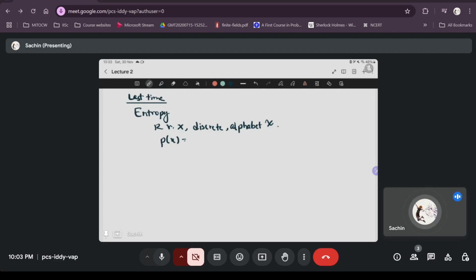and the probability mass function p of x is the probability that x is equal to value small x, where small x belongs to the script x, and we define the entropy h of x to be minus summation of p of x log p of x over all values of x in the script x.